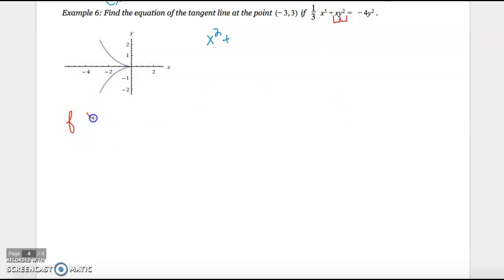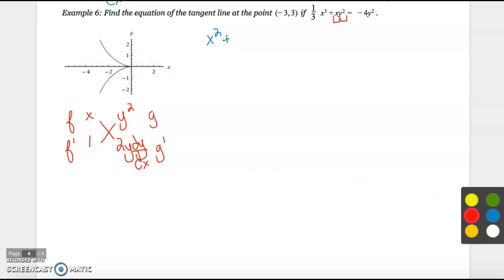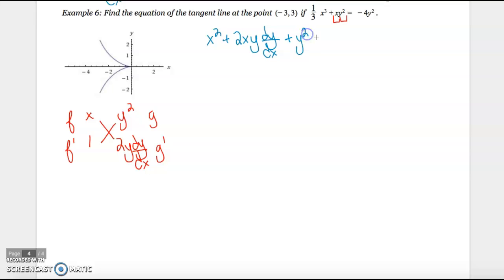So x times 1, and then y squared is my g, so g prime would be 2y dy dx. Crisscross applesauce. So we would get 2xy dy dx plus y squared equals, on the right-hand side, negative 8y dy dx, because I took the derivative of something that had y in it.